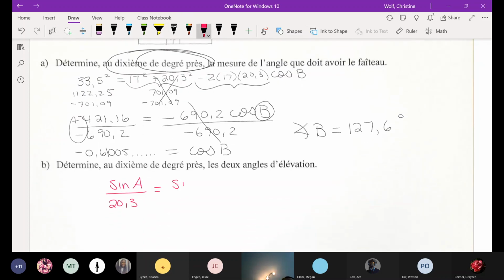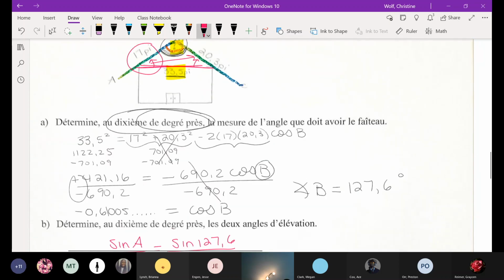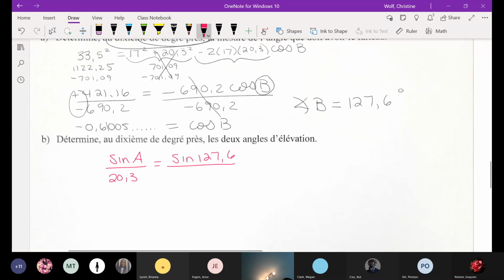So, sine de 127.6 divisé par son côté opposé qui est le 33.5. OK, so maintenant je multiplie ici par 20.3. All right, so 127.6 sine gives you a decimal fois 20.3 divisé par 33.5 égale.